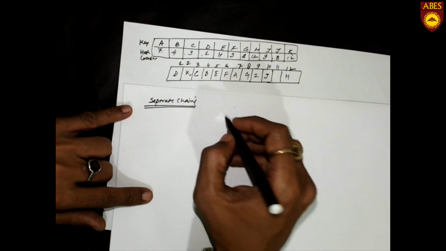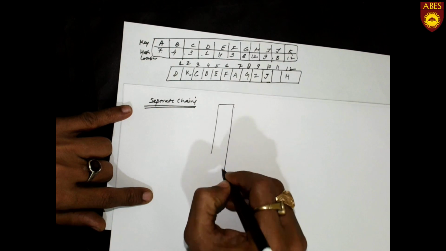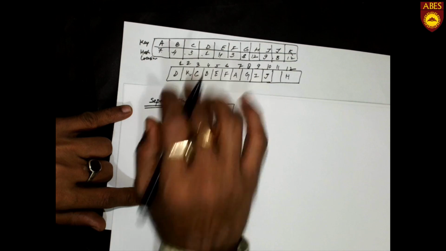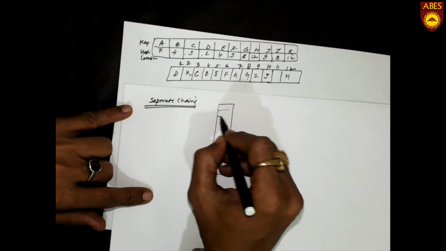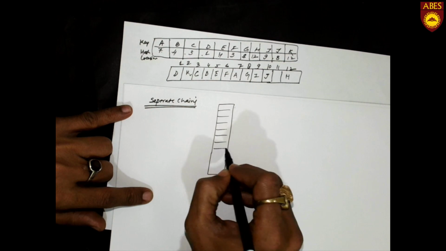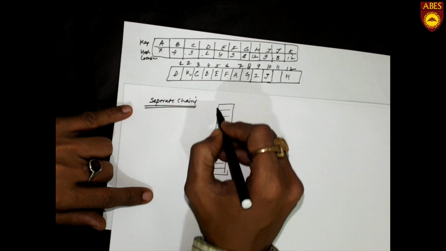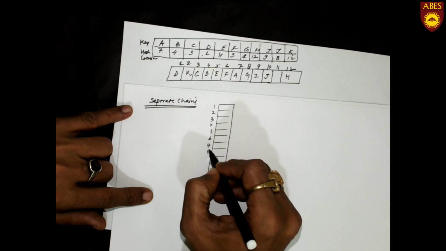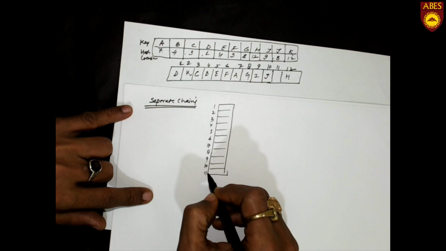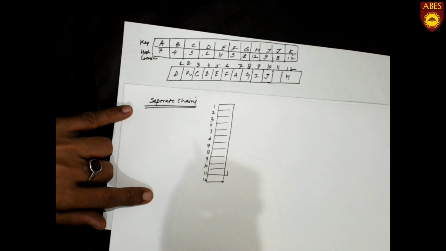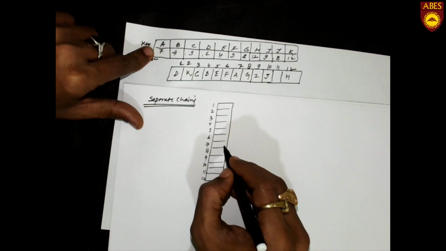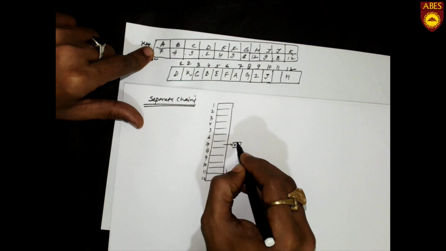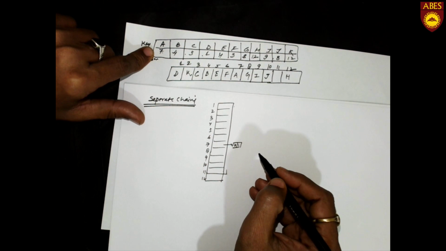So for separate chaining, I have considered that we have an array of linked lists. For this question, I suppose that I have 12 linked lists. All are null initially. So the first element is A with 7 locations. So I will store A at this location 7.